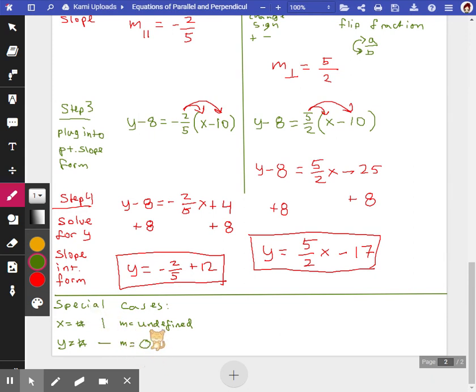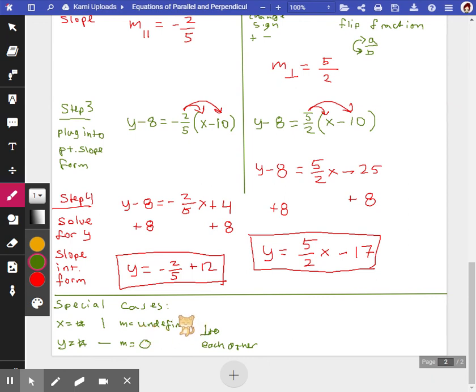A vertical line has an undefined slope. A horizontal line has a 0 slope. They're perpendicular to each other. Because if you tried to take the opposite reciprocal, obviously undefined is not a fraction.